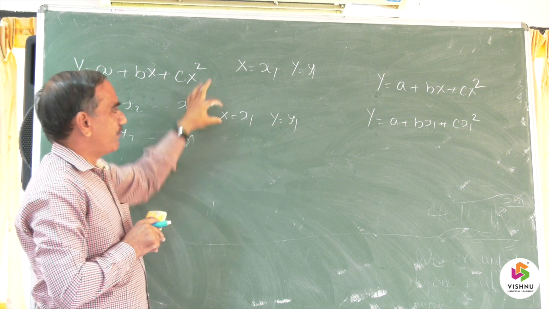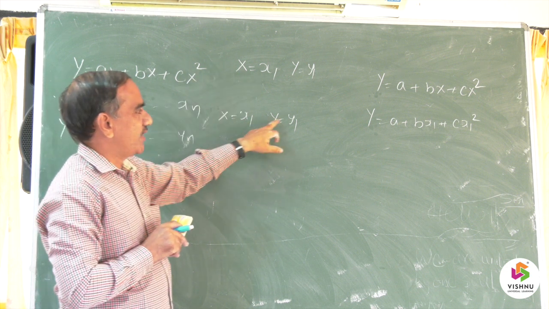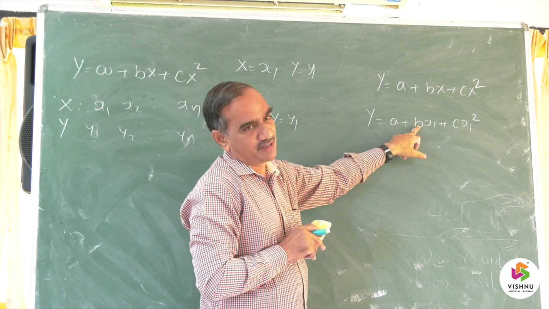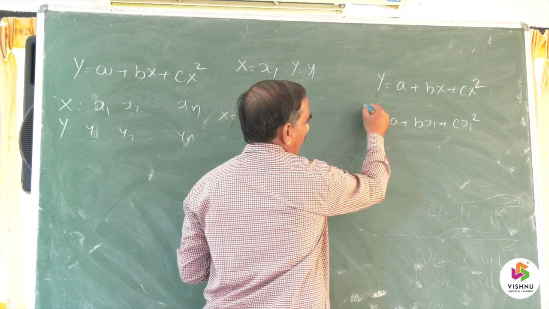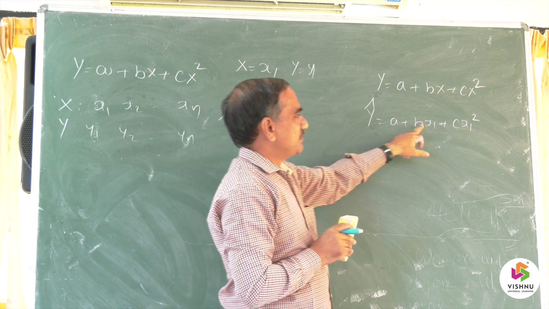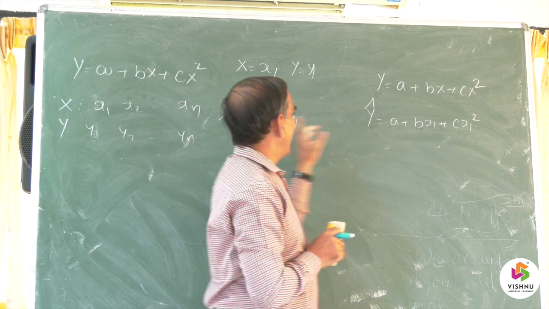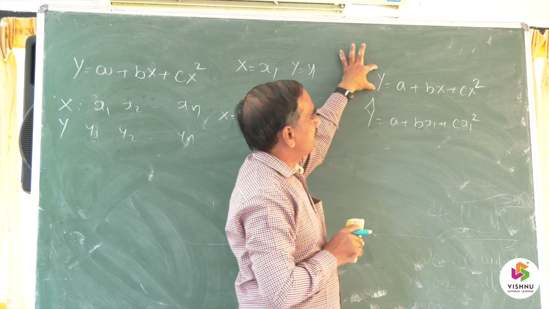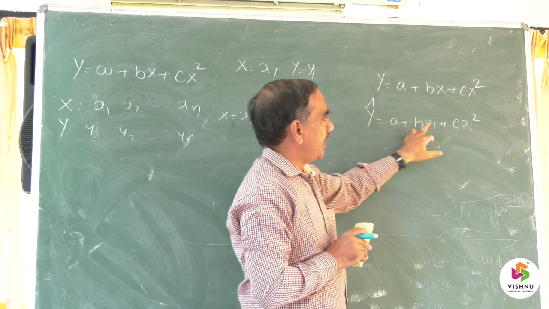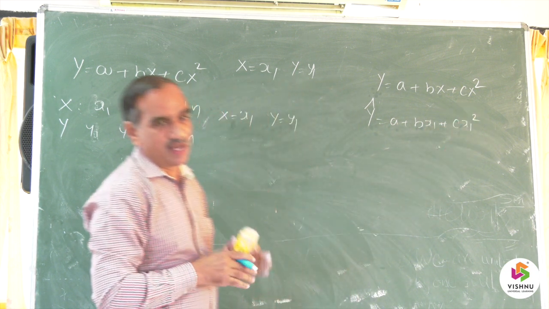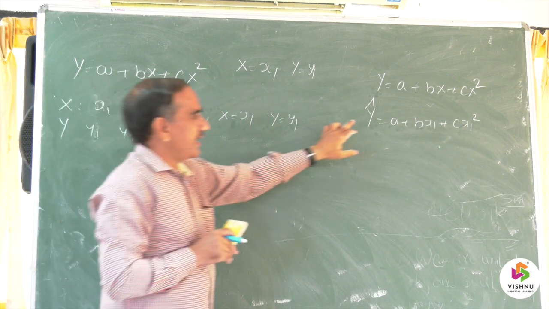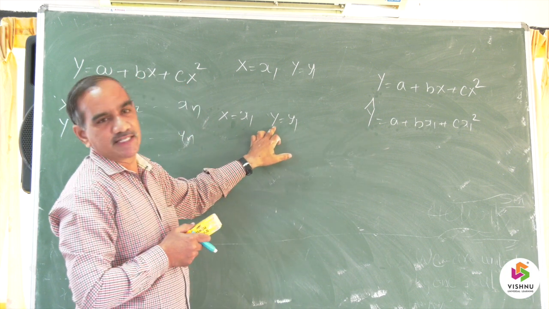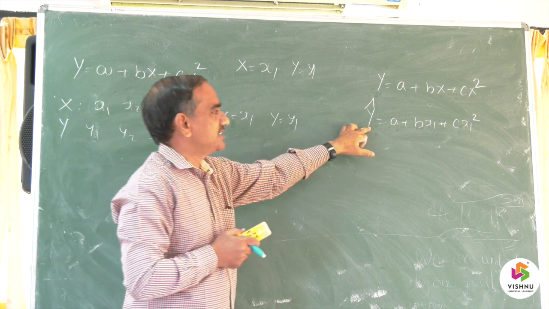So as a first step, x is equal to x1, at the same time y is equal to y1. This x value is substituted in the equation. We get some estimated value y cap is equal to a plus bx1 plus cx1 square. When x is equal to x1 is substituted in the x place, we get the estimated value y cap is equal to a plus bx1 plus cx1 square. In general, we cannot estimate with 100% accuracy. So there may be a difference between the original value and the estimated value.